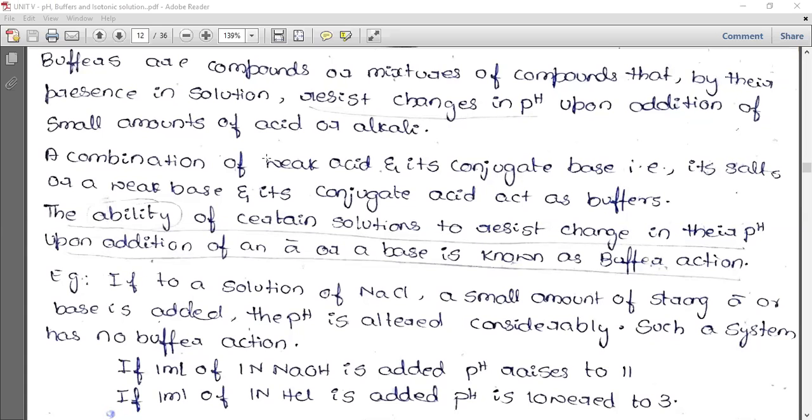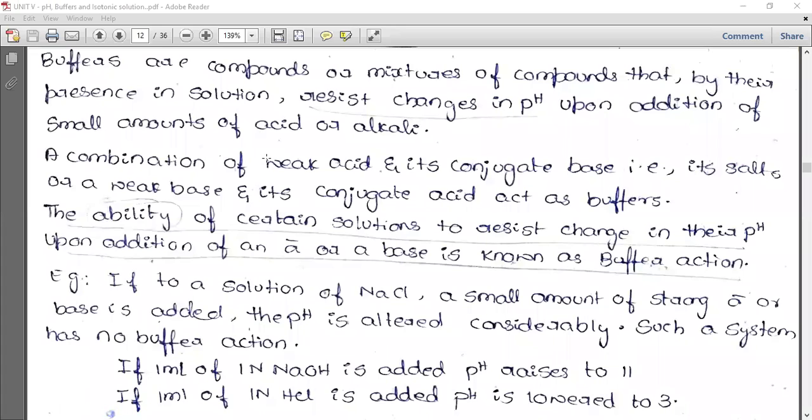Does anybody have any doubt, or did anyone not understand what is meant by buffer? Take the same example: the HCl system, to which I added NaOH. If in 100 ml of HCl I had already added a buffer, then on adding a base, that is NaOH, the pH would still remain 1.